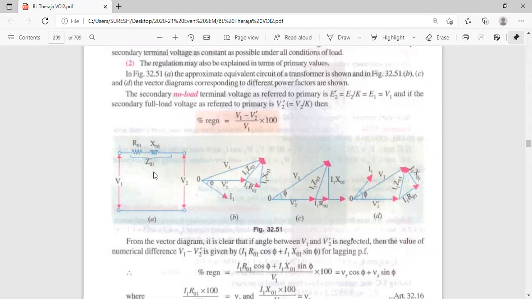Sometimes your fridge will be damaged. Sometimes you'll get low voltage also, some 190 volts instead of 230 volts. If you are having regulator, that 190 volts is regulated to 230 volts. Suppose if you are getting over voltage, some 250 volts, that 250 volts is reduced to 230 volts. That is the meaning of regulation.